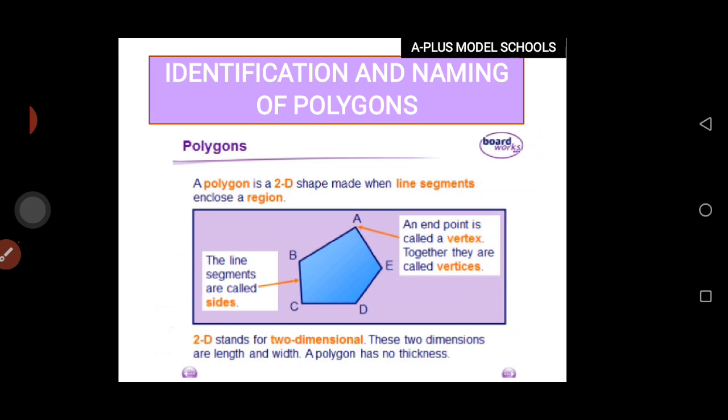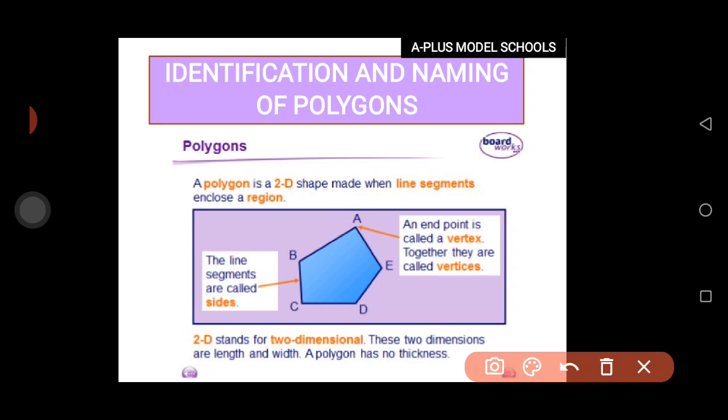You can see a rectangle, a square, a trapezium. All these shapes are bounded by a line. So looking at this diagram now, we have A, B, C, D, and E. Now, when you look at this side BC, the line segments are called sides. We also have here this side AB.